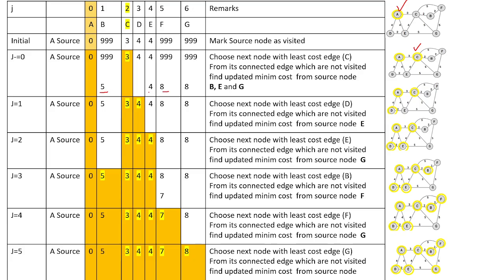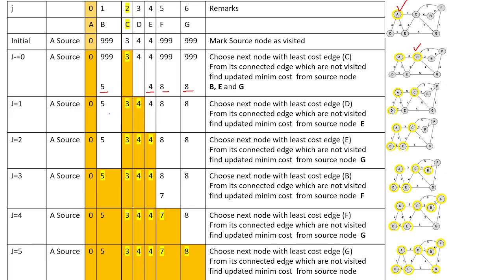Updated only if the current value is bigger than the computed value. Here the earlier value was infinity, now the value is 5, so 5 is smaller, replace it. Similarly for these two. Okay, you mark that C as visited.